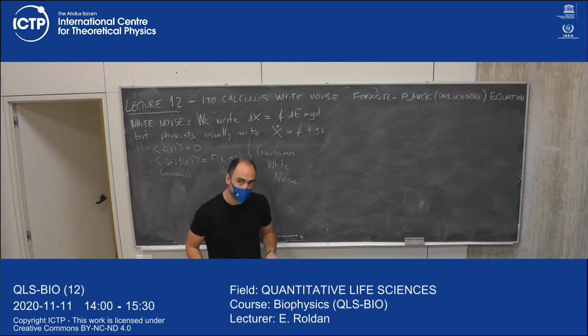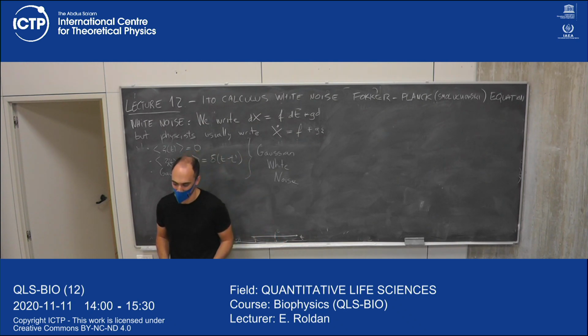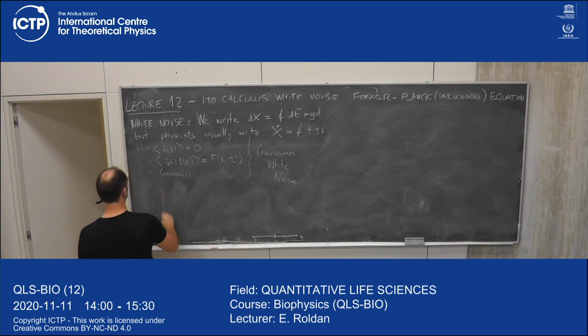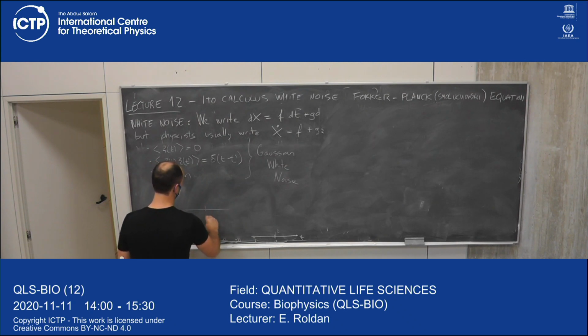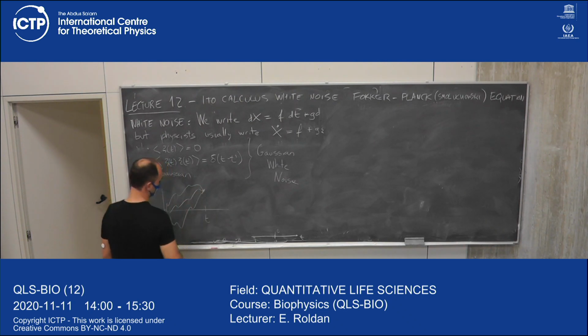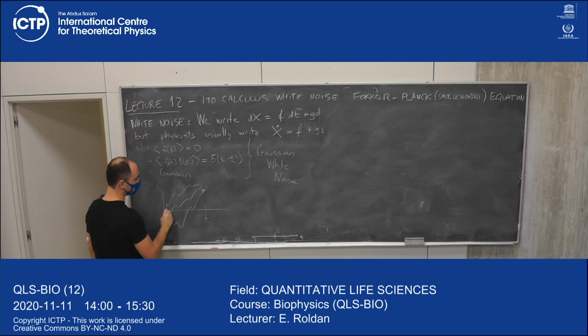But then, as I explained, in Markov processes there is the master equation. The master equation gives you the probability that many trajectories are at a given time in a given state. What is the probability of being here? There is a probability because some of the trajectories will be somewhere else.